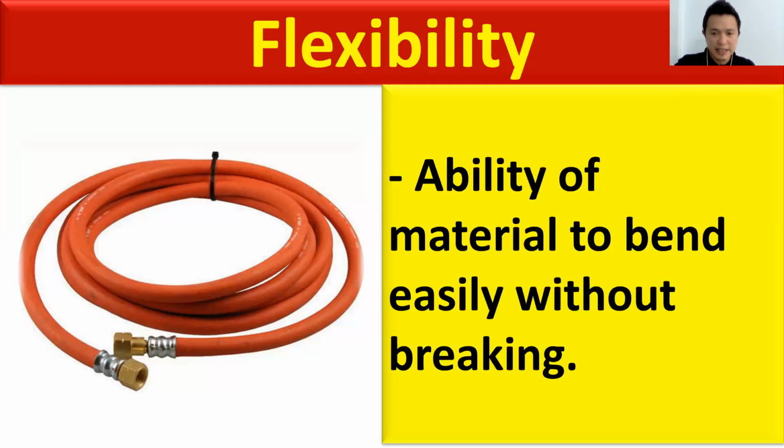Bend easily without breaking. The tube is made of rubber. Yes, that tube that you can see in front of you is made of rubber. It can be bent without breaking. The rubber is flexible.